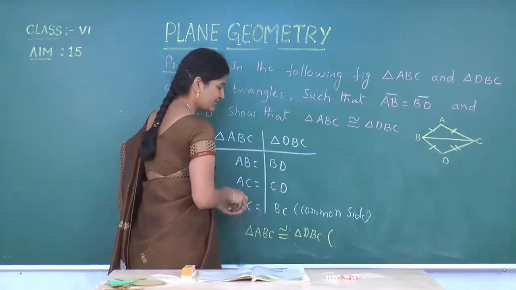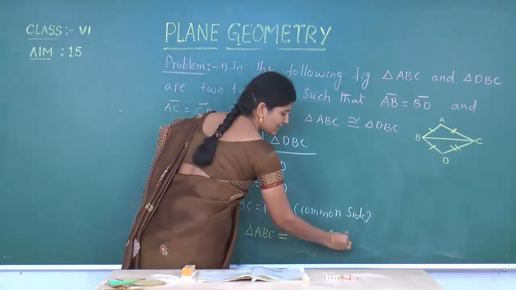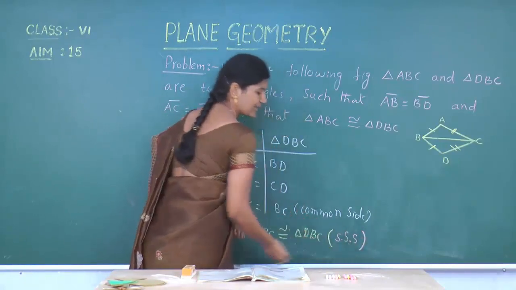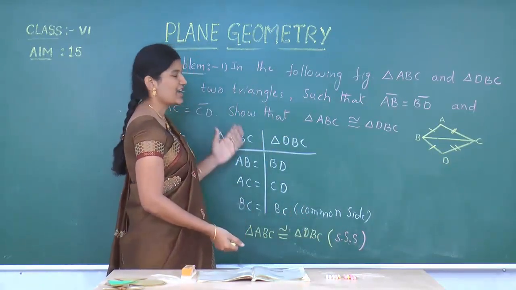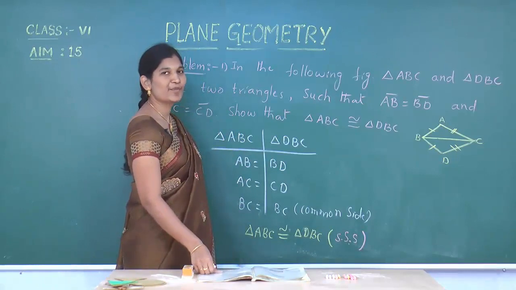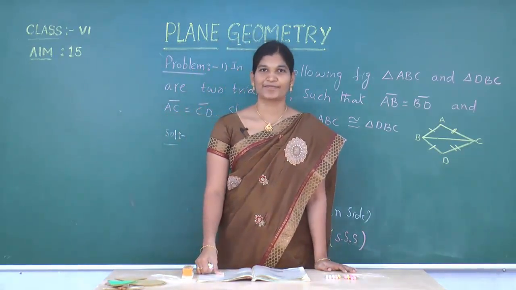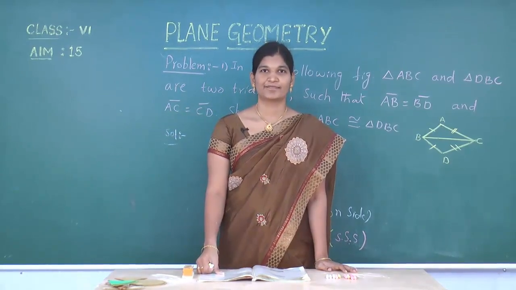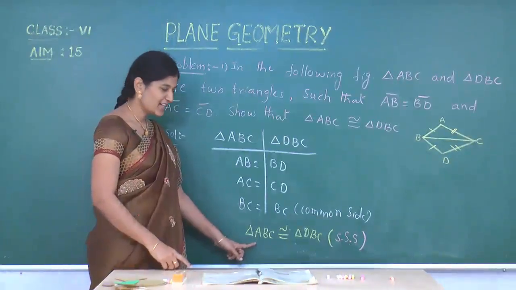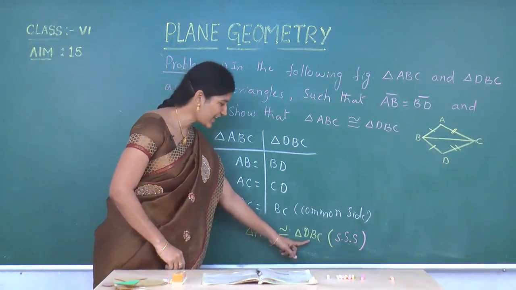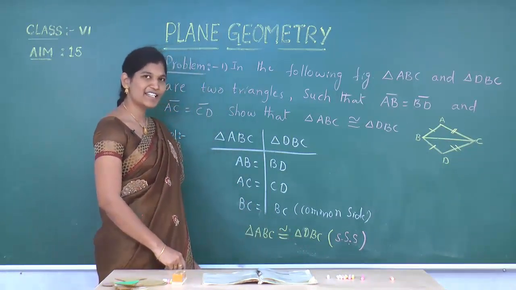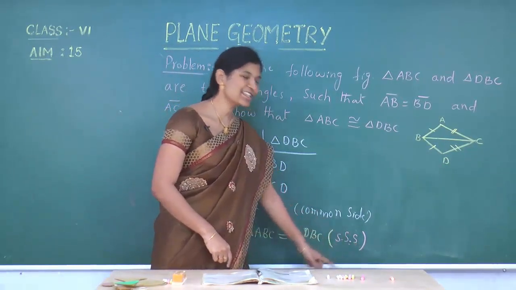By which axiom? Yes. In this way I can prove the problem. Thank you. Triangle ABC is congruent to triangle DBC. By which axiom? Yes, axiom.